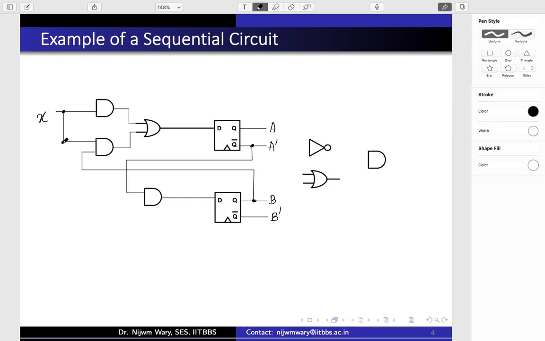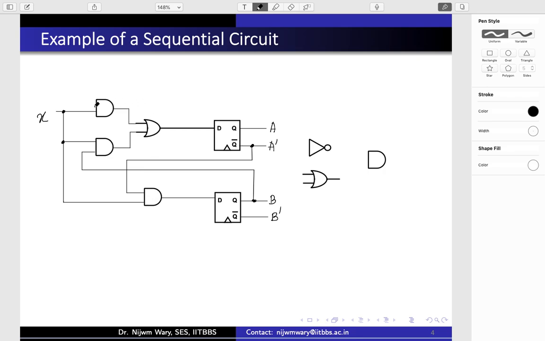So again this X is connected here as an input to another AND gate.